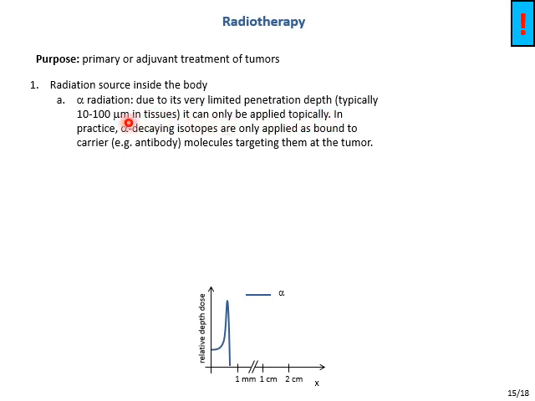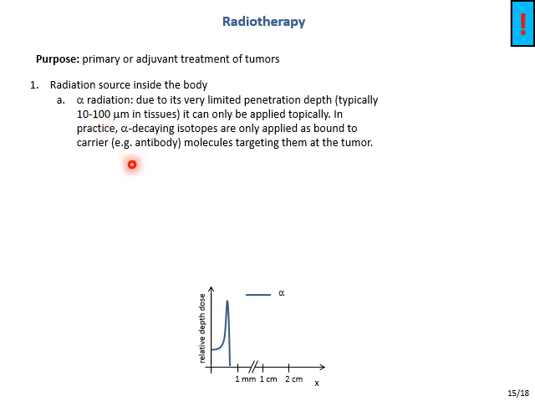Therefore, in order for such an alpha decaying isotope to be therapeutically useful for treating tumors, it must be present very close to the tumor on the cellular scale, basically because the path length of alpha particles is not larger than the size of a eukaryotic or human cell.